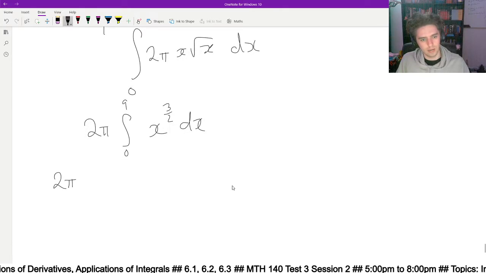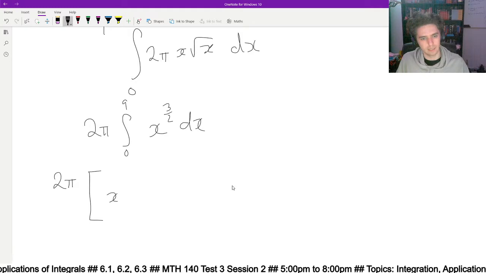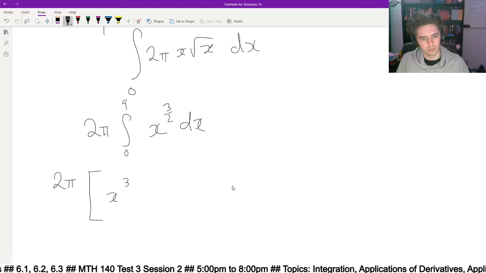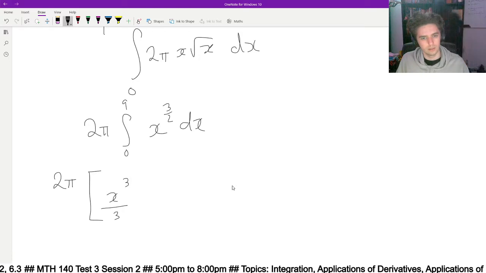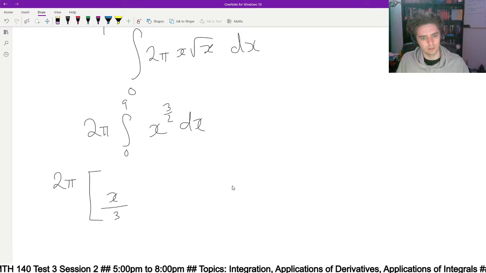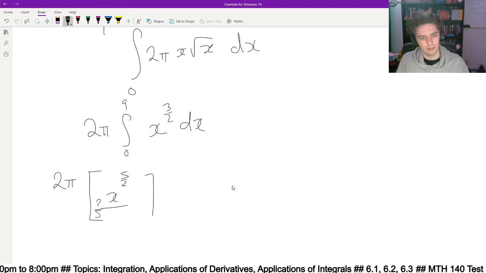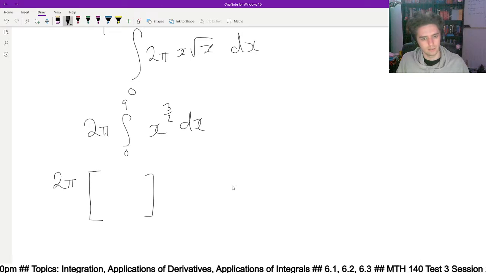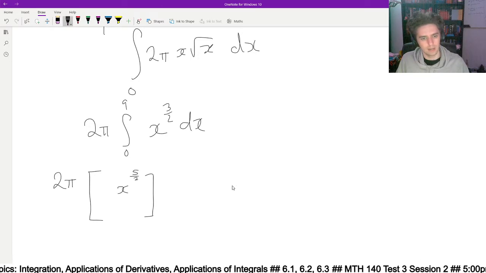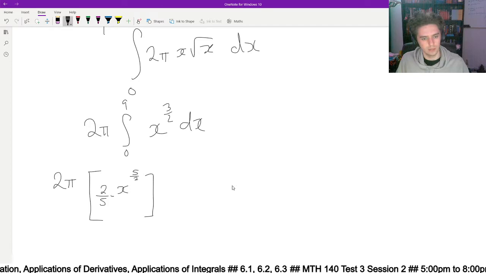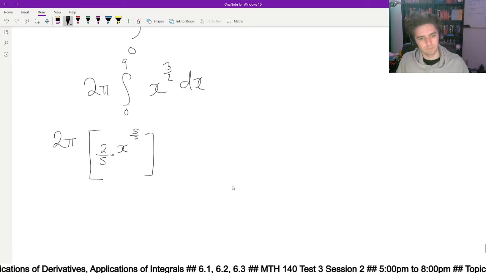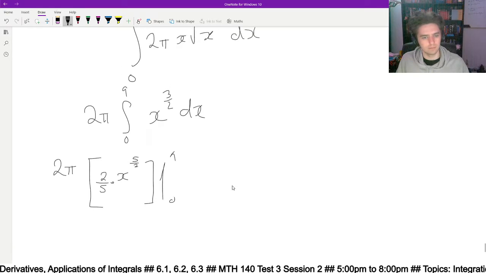So 2 pi, take the antiderivative, so it's going to be x to the 6 over 2, so x cubed over 3? No, 5 over 2. I'm adding 2. Yeah, 5 over 2, times 2 over 5. I'll write that nicer. x to the 5/2 times 2 over 5, evaluated from 0 to 9.